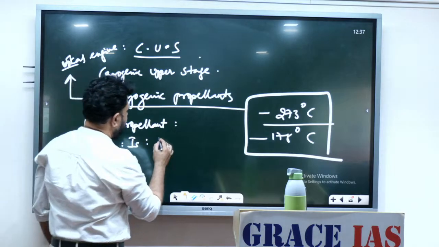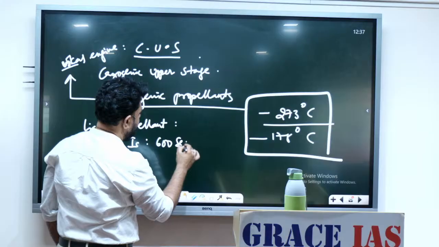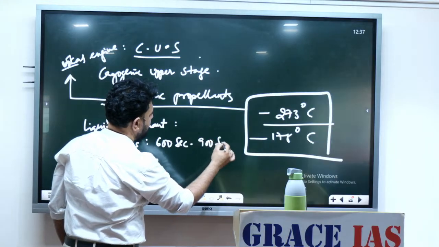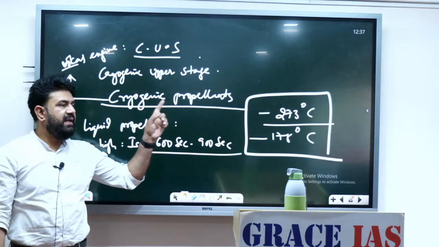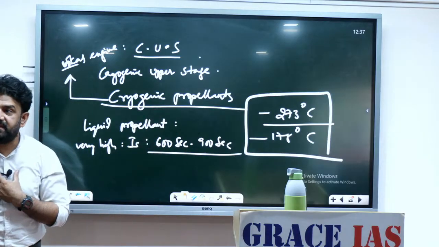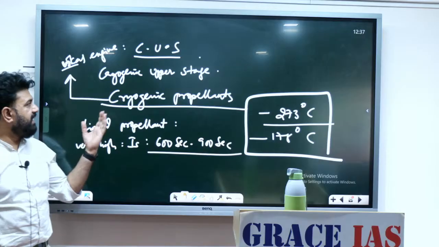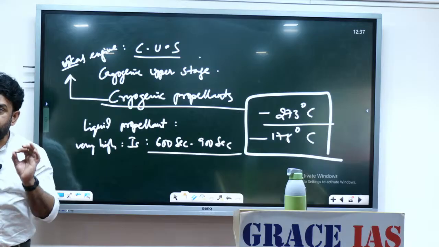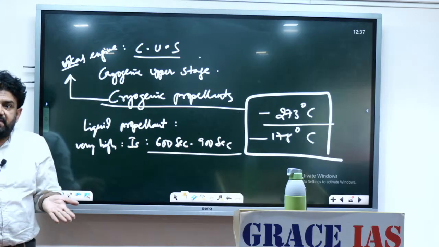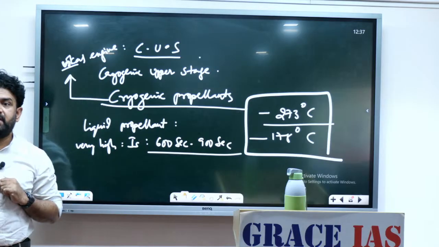They range from 600 seconds up to 900 seconds. They burn for longer duration and provide necessary thrust of escape velocity. That is why cryogenic propellants are very expensive but very useful for heavy lift, long distance launch vehicles.